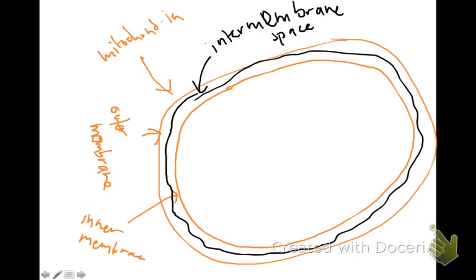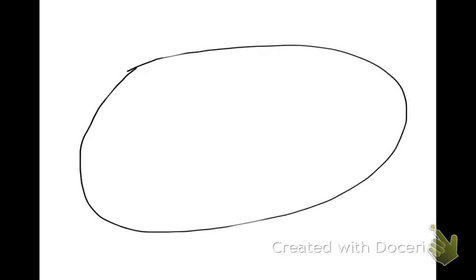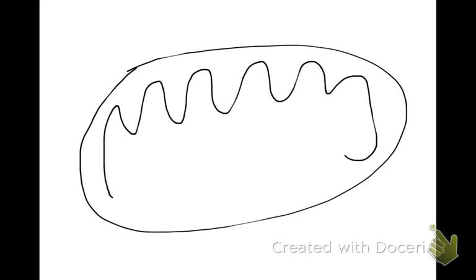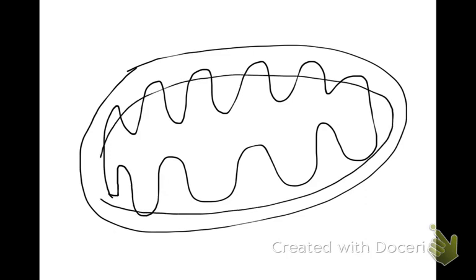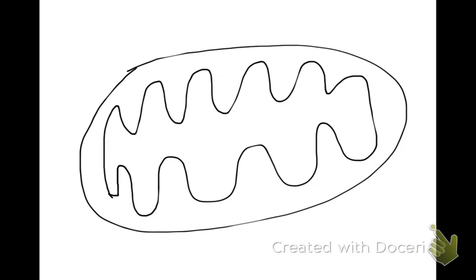In reality, the mitochondria looks something more like this. So instead of drawing that simple kind of inner membrane like this, I've actually drawn what it more looks like, which is these squiggly lines.